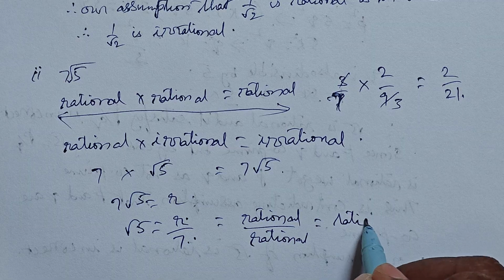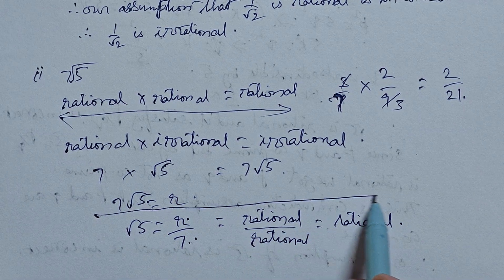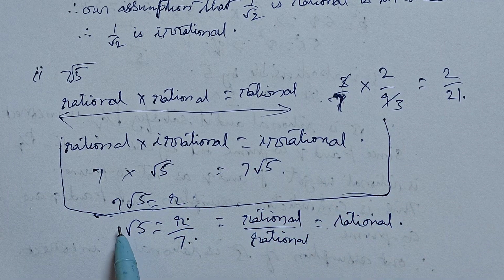So what you are saying by this methodology is that up to here you are assuming, using the property. This method here uses the contradictory method. Let us say 7 root 5 is rational, then root 5 is equal to r by 7. Here r is rational, 7 is rational.